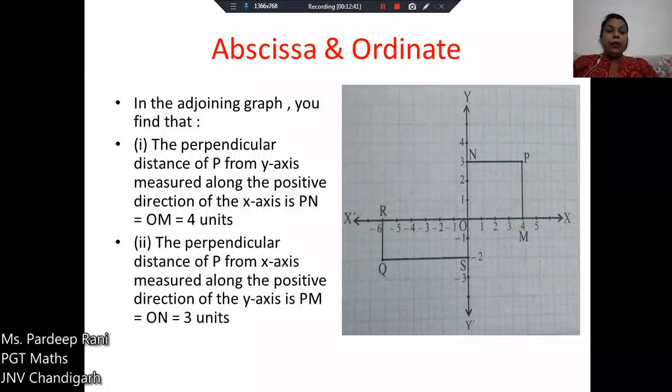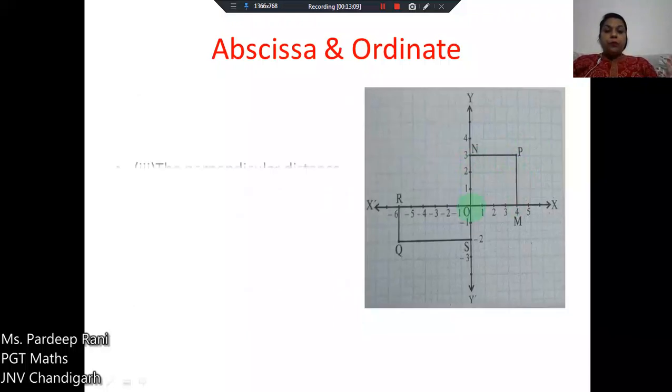The perpendicular distance of the point P from the x-axis, which I am pointing out here, is PM, measured along the positive direction of the y-axis. PM is equal to NO, or you can say ON, and this distance is 3 units.